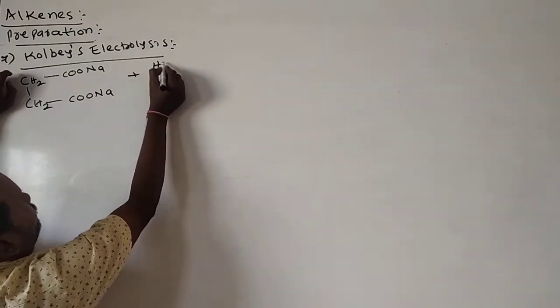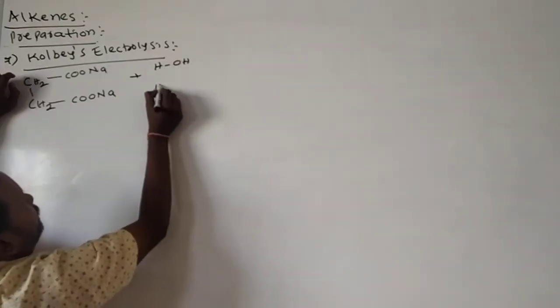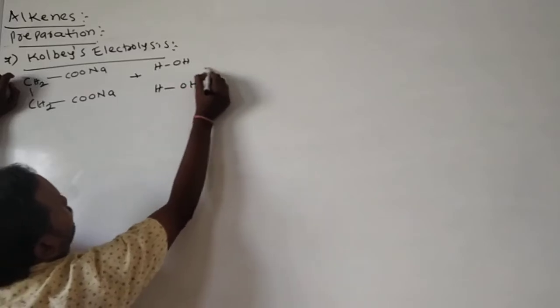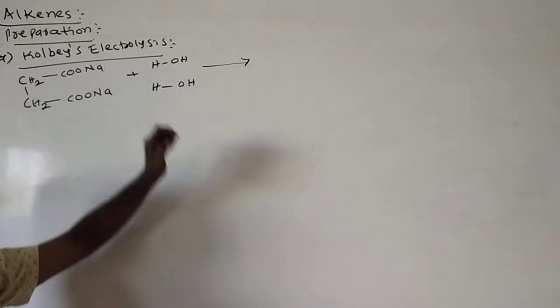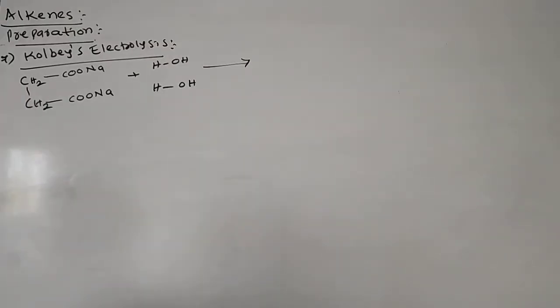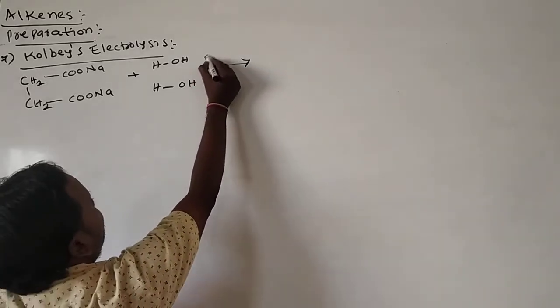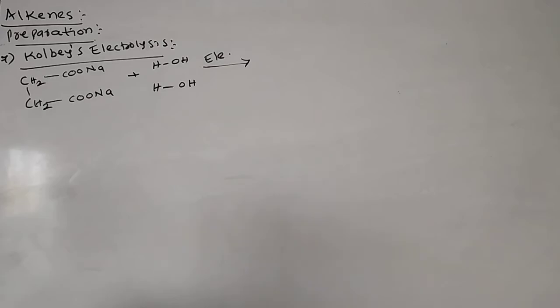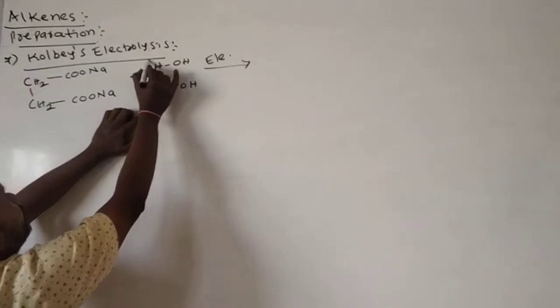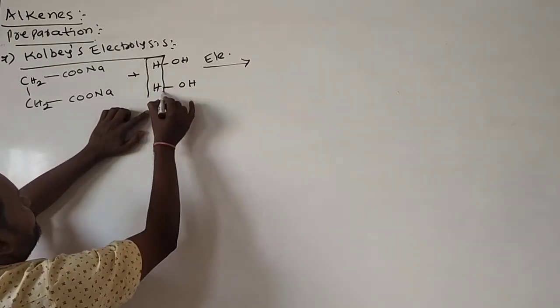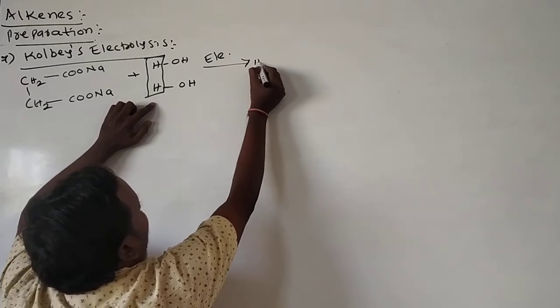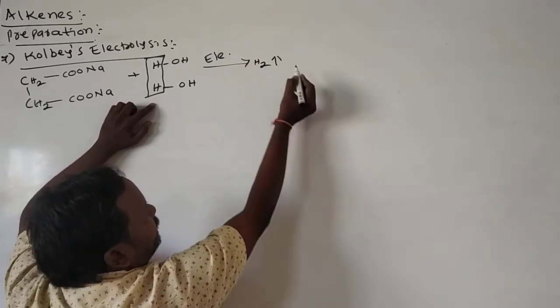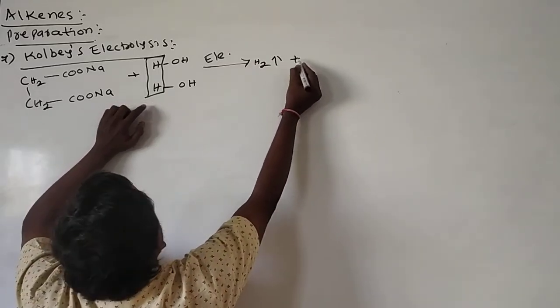This reacts with water. That means during the electrolysis we add water and pass the electricity through this electrolytic solution. What happens here? Hydrogen is released in the form of gas at the cathode.